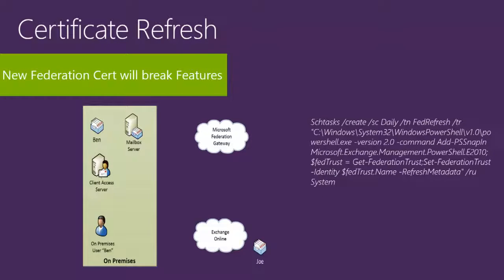So the best practice and recommendation here is to create a scheduled task which will periodically update the Federation Gateway certificate so that you do not run into problems like free/busy not working, because if you are still using the Federation Gateway, which most deployments will, and the trust is broken because the certificate is expired or doesn't contain the information it needs, you won't get a delegation token and you won't be able to get the free/busy data. It's quite obvious, right? So make the scheduled task.